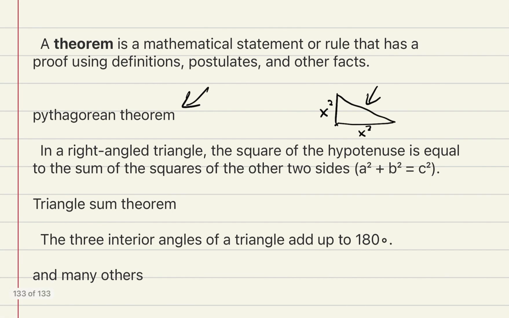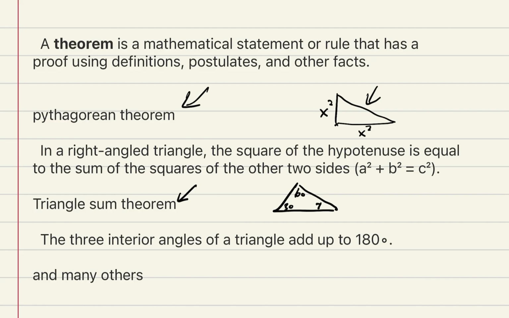Another good example is the triangle sum theorem. This essentially says that in any triangle, the sum of the angles add up to 180 degrees. So hypothetically, let's say this was 60, 30, and I believe this would be, so that would be 90.